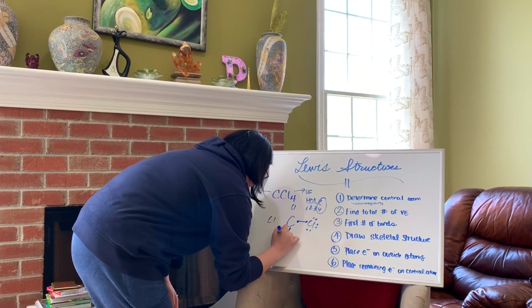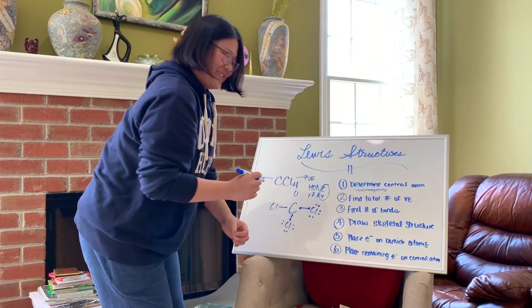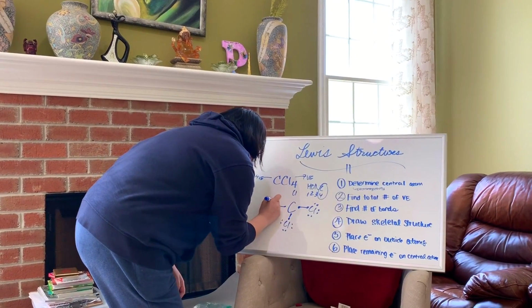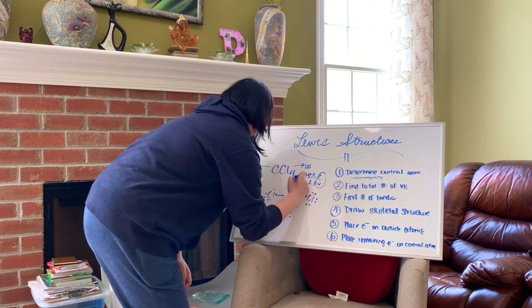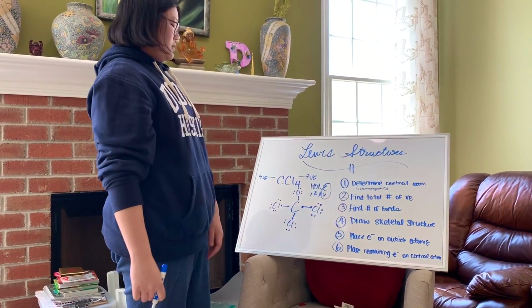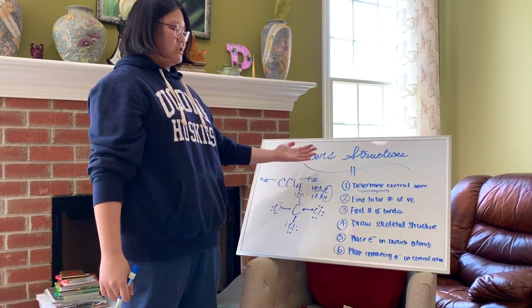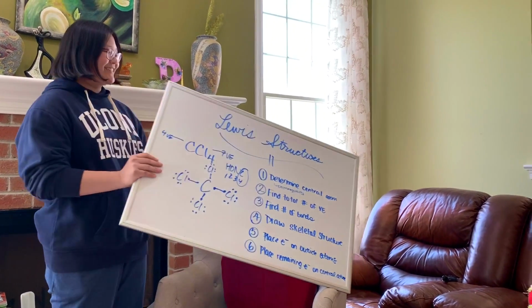Upon drawing all the individual electrons, we have to count and make sure that we have 32. And that is essentially your finish. Next, we're going to be talking about exceptions to drawing Lewis structures.